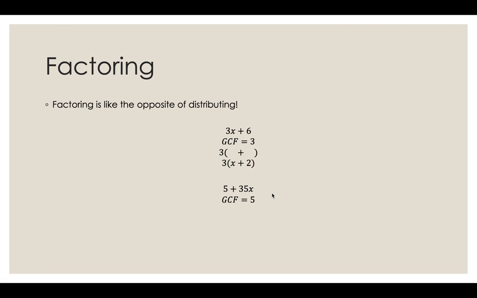So now we're going to have to take out a 5 from both of the terms. So we have our 5 on the outside of our parentheses, and on the inside of parentheses, we have to put a 1 here, because that's what you multiply by 5 to get 5. And here, we're going to have to put a 7x, because those are the remaining factors of 35x once you remove the 5. So we're left with 5 outside of parentheses and 1 plus 7x inside the parentheses.